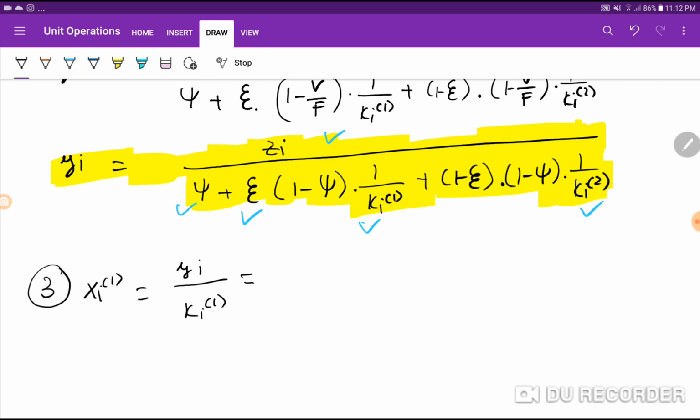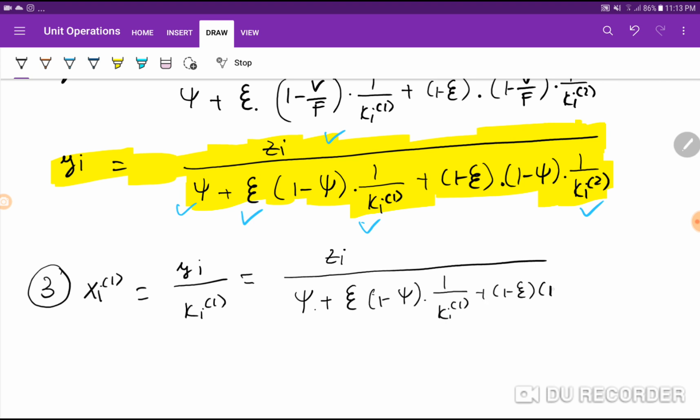So it would be zi over psi plus, I'm going to plug everything in, all of this times ki1.